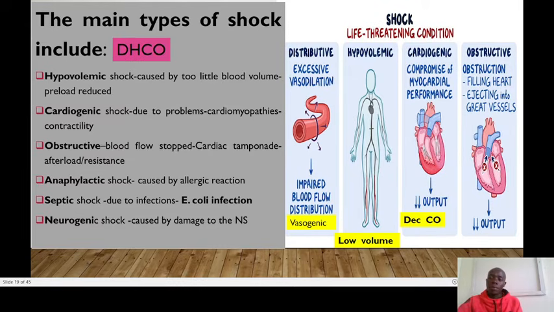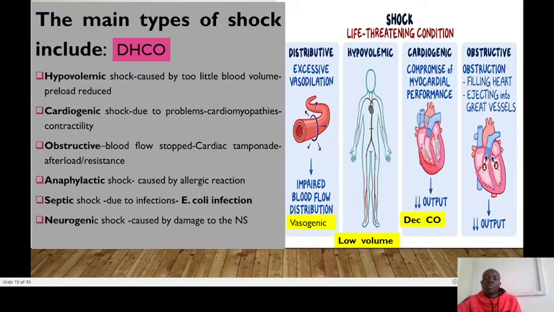We have the hypovolemic shock, which is caused by little blood volume, so the preload will be reduced in this case. Then you have the cardiogenic, where we have compromise of myocardial performance, so we have decreased cardiac output in the long run.